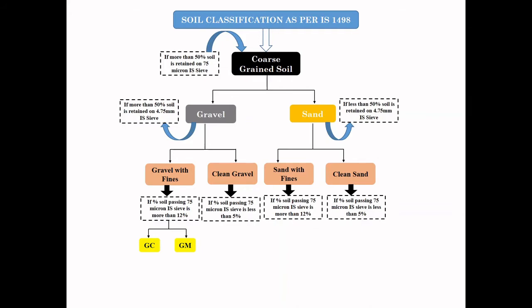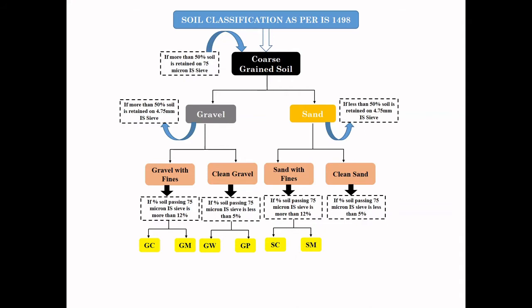If the soil is identified as clean gravel, it can be further subdivided as GW or GP, where again G stands for gravel, W stands for well graded, and P stands for poorly graded. If the soil is identified as sand with fines, it can be further subdivided as SC or SM, where S stands for sand, C stands for clay, and M stands for silt.